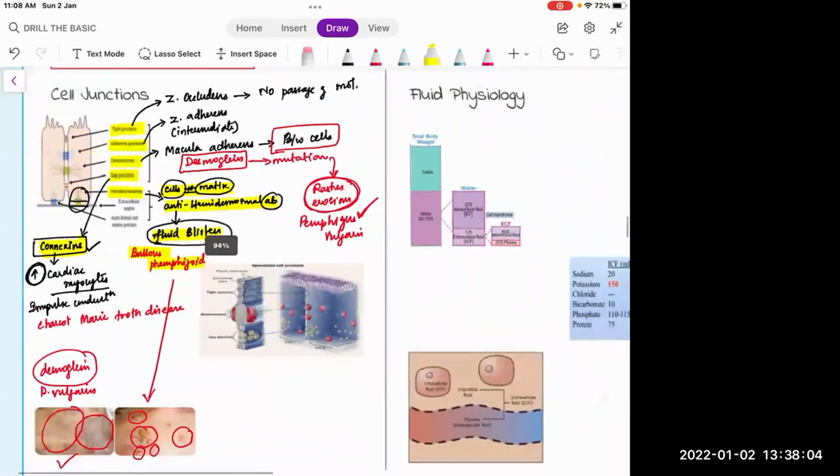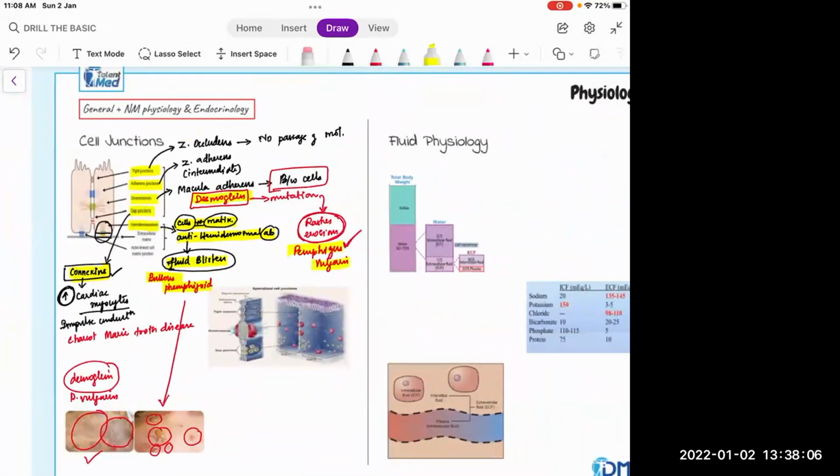When there is a defect, you encounter pemphigus vulgaris, and in case of hemidesmosomes, you will encounter bullous pemphigoid, whereas in case of gap junctions, you will encounter Charcot-Marie-Tooth disease. Okay, so up to this, the cell junctions is over.